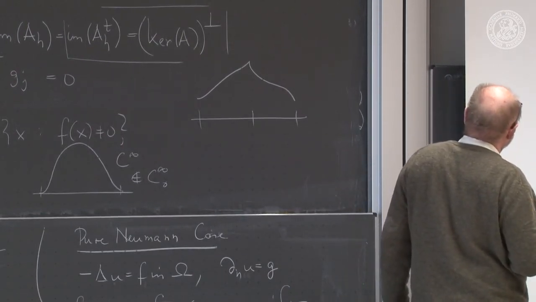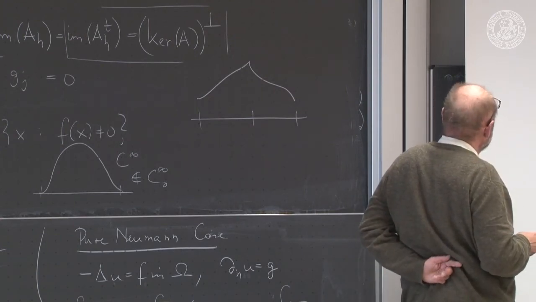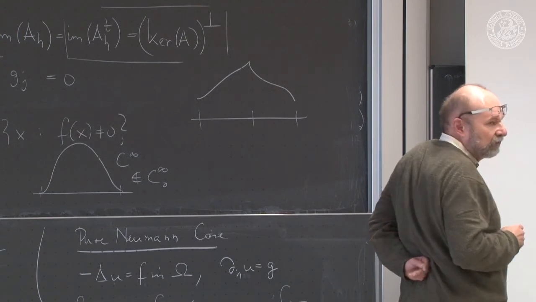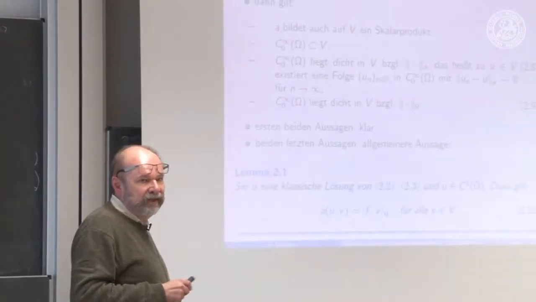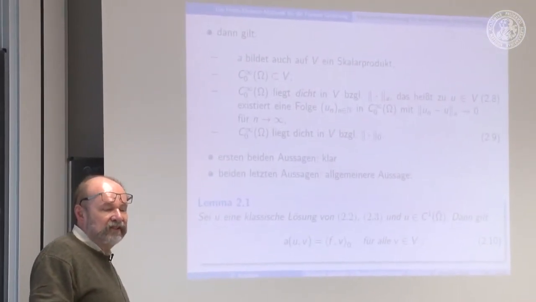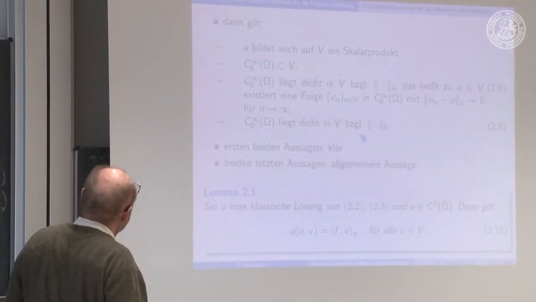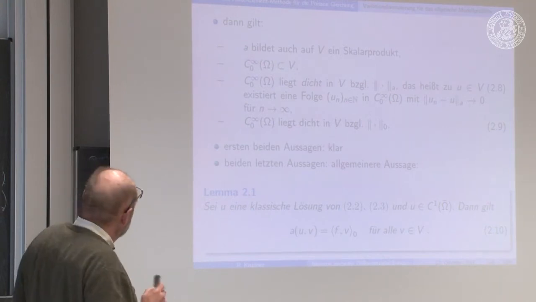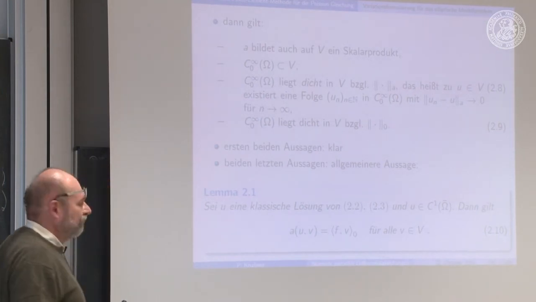Okay, so what do we have then? The first thing is that also in this enlarged space, this A is a scalar product. Symmetry and bilinearity are no problem, and for definiteness we have to go through the proof, and you will see this proof carries over. Of course, the much smaller space of test functions is contained in this larger space. But what is now important, which I'm not going to prove, is that we have density.